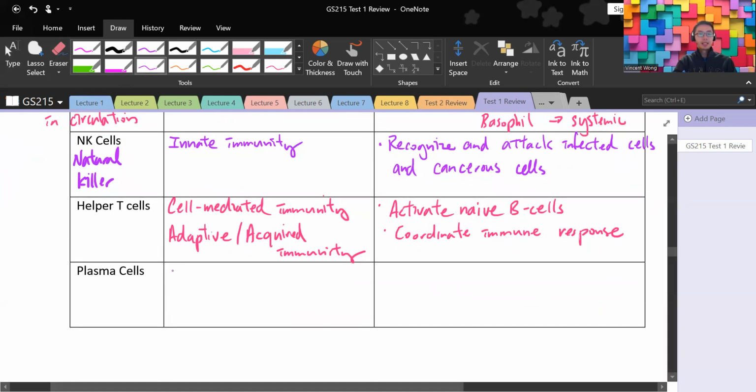Plasma cells. So instead of being cell-mediated immunity, plasma cells belong to the B cell branch. And so we call it antibody mediated immunity. And of course, this is also part of adaptive or acquired immunity.